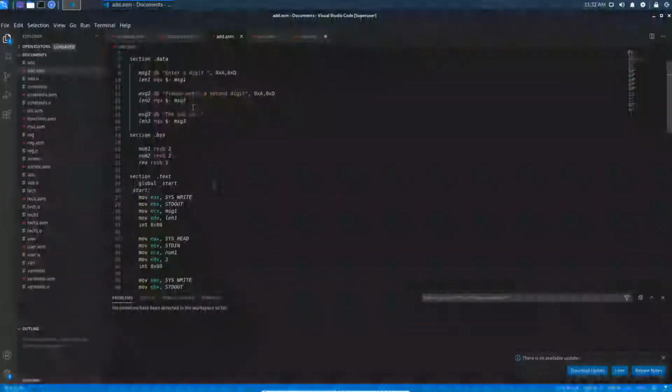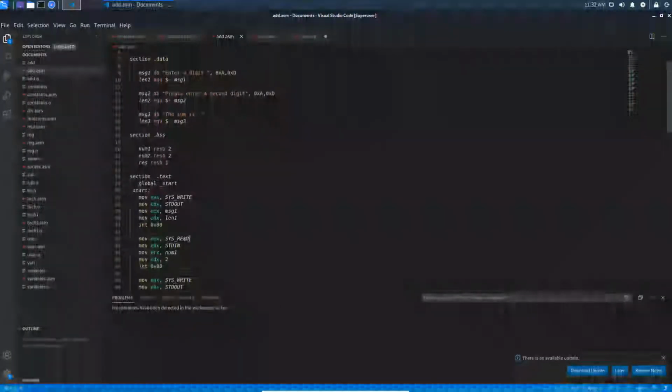Here we are taking the user input using two messages, and the syswrite system call means the messages will get printed. Another system call, number one, will read. First it prints a prompt for the user to enter a digit, and later it reads the number.